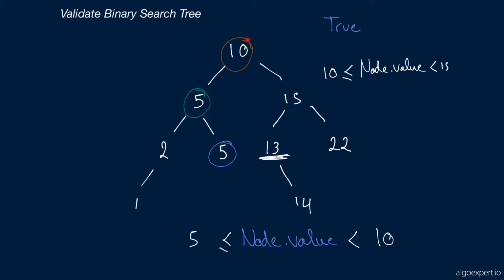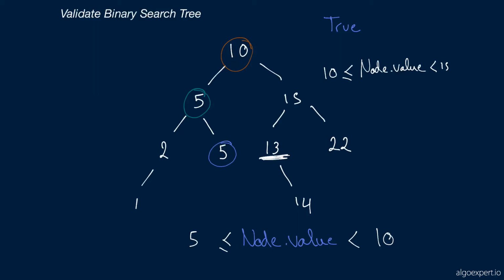So when we were at the 10 node here, and we call the function on our left subtree, we can change the maximum value to be the current value of our node, which is 10. And so then when we get to this 5 here, the green 5, we want to check that 5 is greater than negative infinity and less than 10.